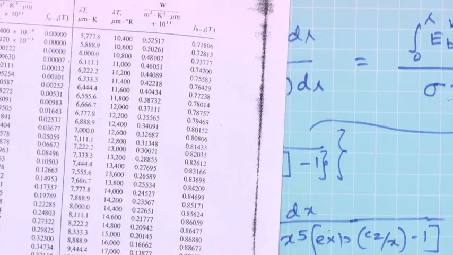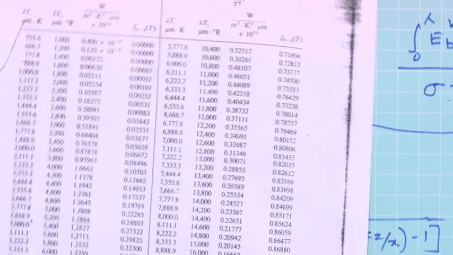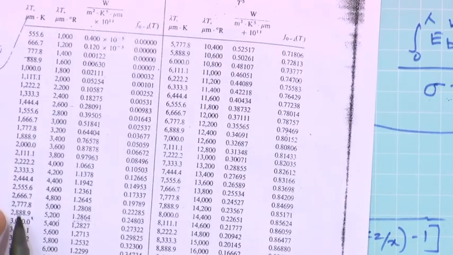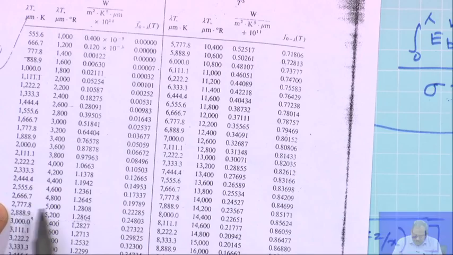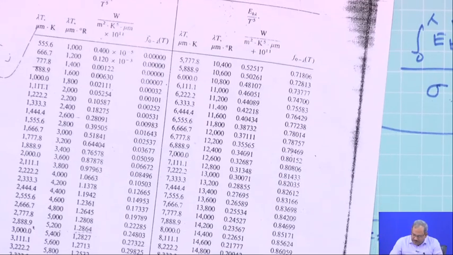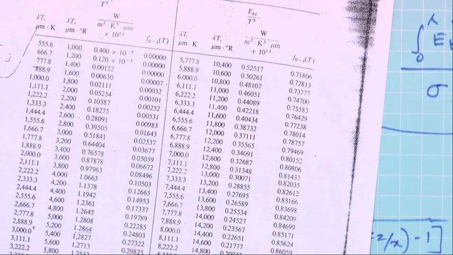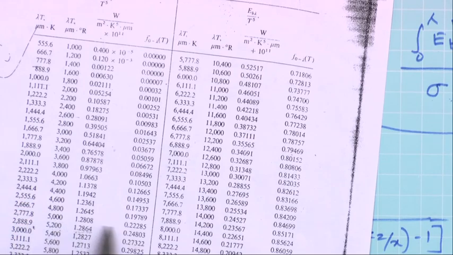So, let us write it over here. For a value of lambda T equal to 2777.8, the value of f is going to be equal to 0.22.